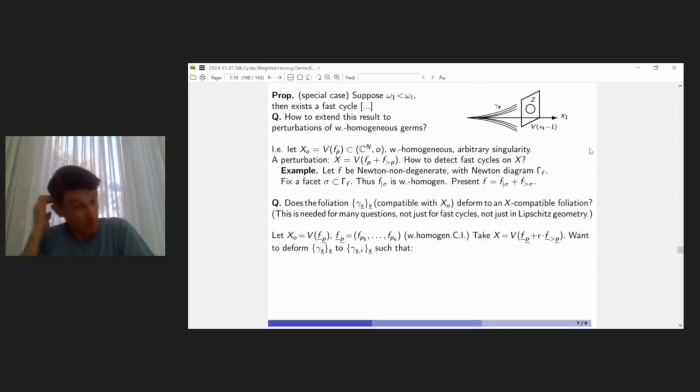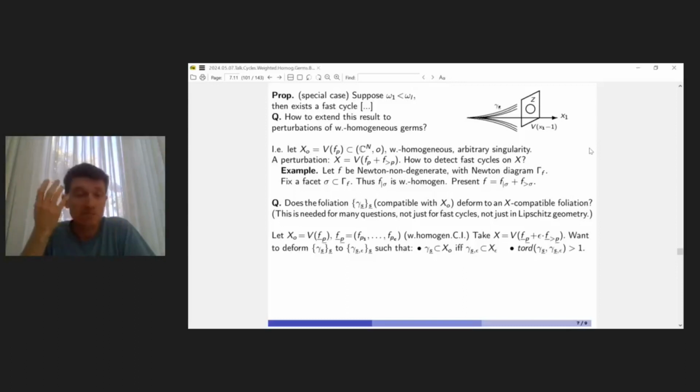One could impose, of course, many conditions, but let's impose only the minimal needed conditions. So what is really needed? We want that if the initial arc sits inside x0, then the perturbed arc sits inside x epsilon.